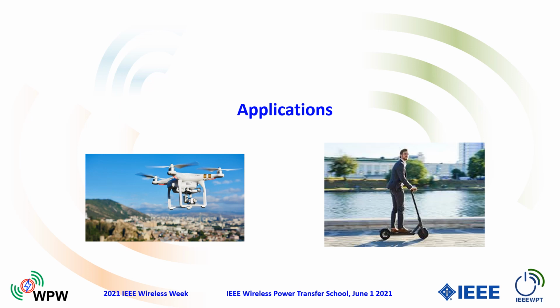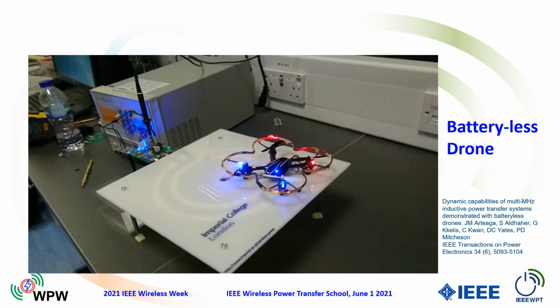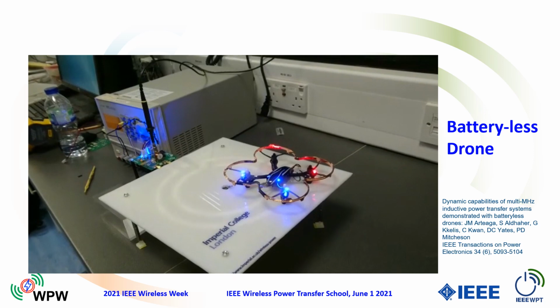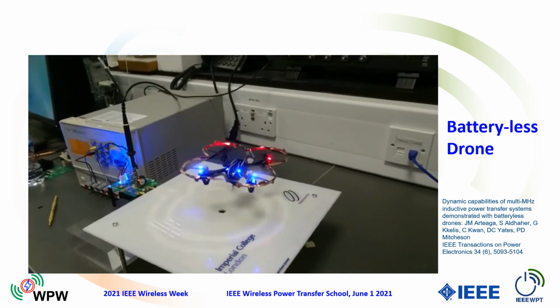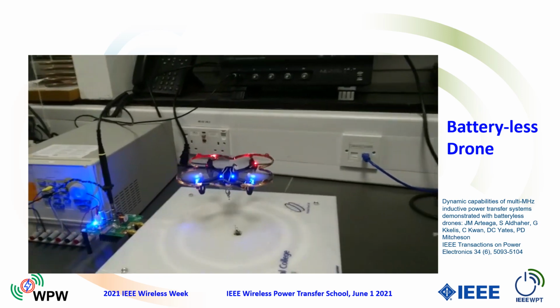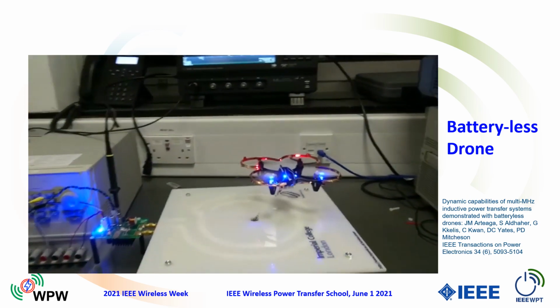Okay, in just the last couple of minutes, I'm going to show you a couple of videos on applications that we have done with high frequency wireless power. I mentioned to you that light weighting is a key capability of these high frequency systems. And one of the things that we've done is to indefinitely fly a drone.